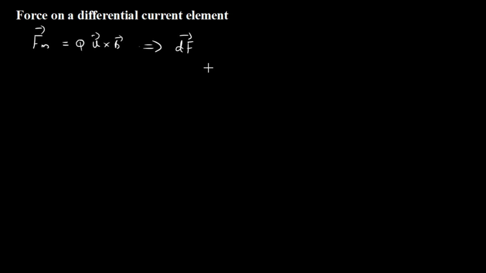I will not be using the suffix m because it's well understood that I am discussing magnetic force. So dF is differential charge dq. Instead of q, I will call it dq. The moment I call it dq, you know that this dq can be related to dl, dv, ds, etc. So dF is dq v cross B.